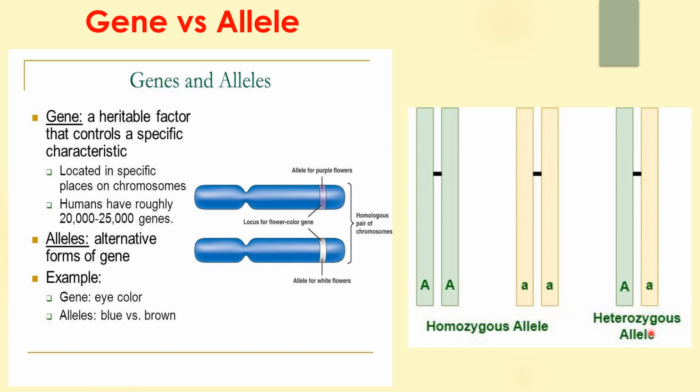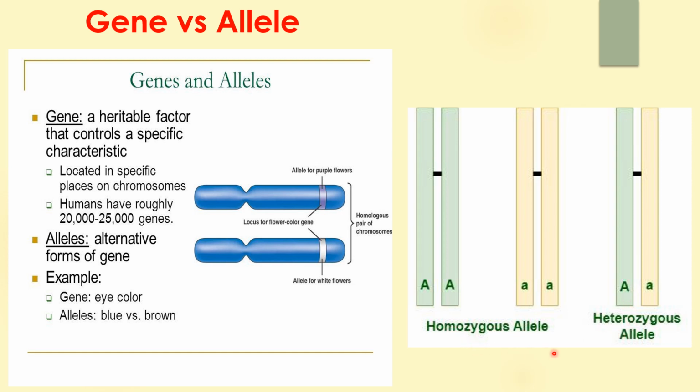Again, a heterozygous allele means non-identical alleles. One from the father and one from the mother maybe. Now whether the father's gene will be expressed or the mother's gene will be expressed or both will be co-dominant depends upon which allele is dominant, or whether both are dominant.